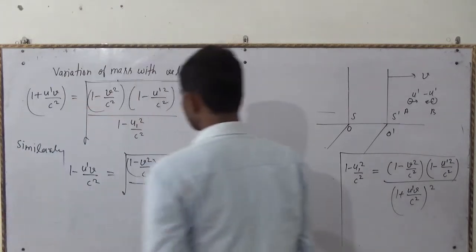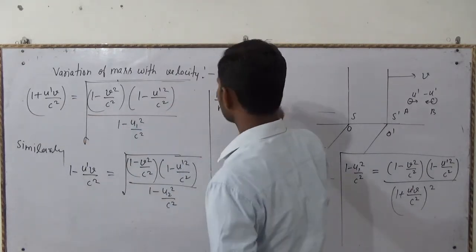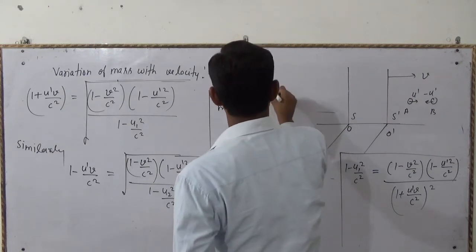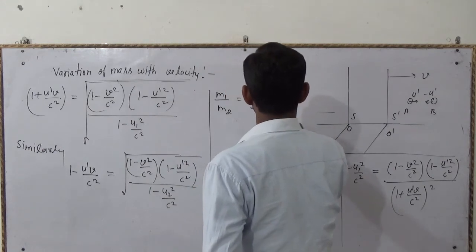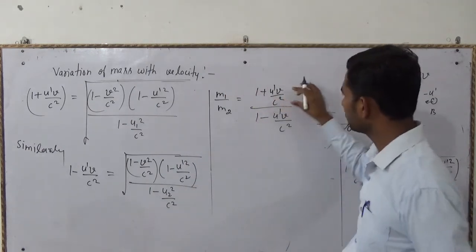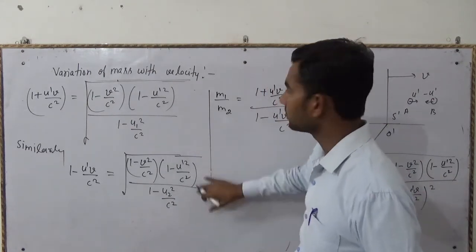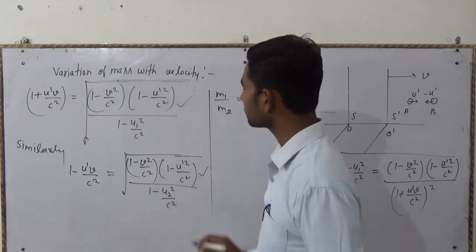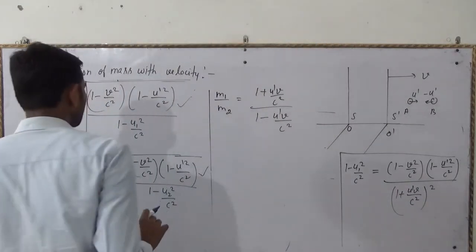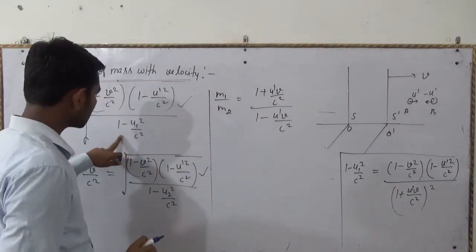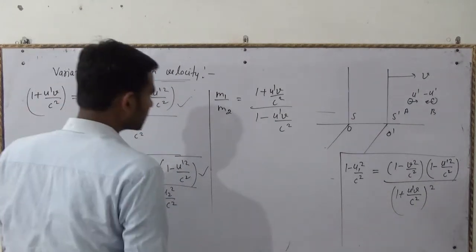If we place the values of both terms from this result, then this and this are the same, so they will cancel out, and we will get 1 upon the square root of this and 1 upon the square root of this, so it will be in the reverse form.